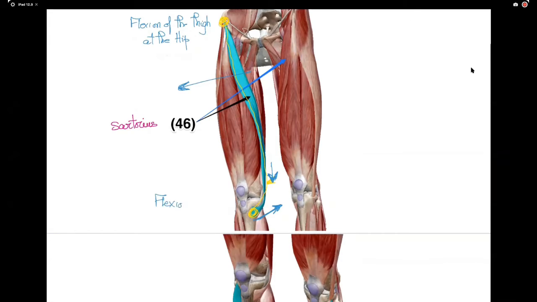It's also going to allow flexion. So this is going to be the only muscle that performs the same action on both hip and knee: flexion of both the hip joint and the knee joint. So it allows the flexion of the leg at the knee.